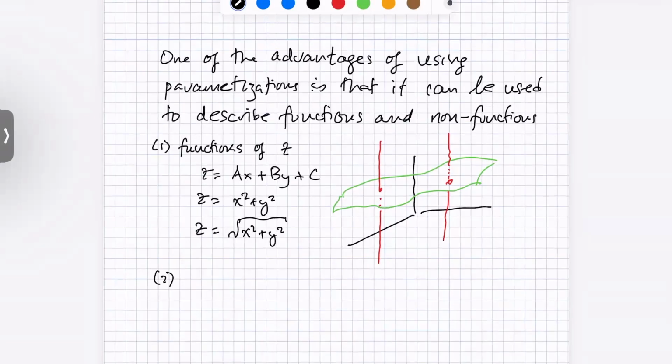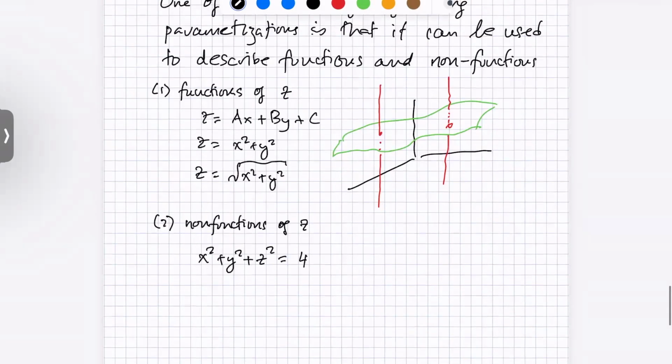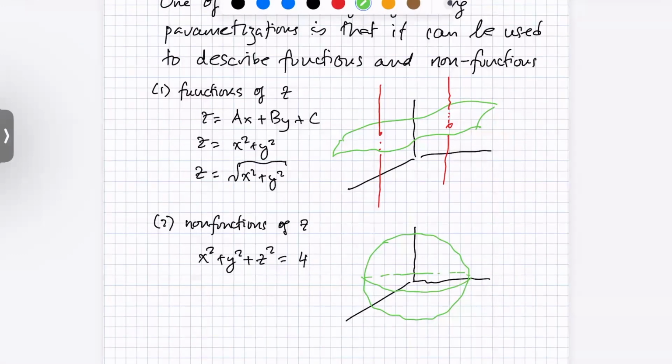But you can also have non-functions of z. So for example, if I have x squared plus y squared plus z squared equals 4, this is a sphere of radius 2. Now, the thing about a sphere of radius 2 is that it does not satisfy the vertical line test because a vertical line actually hits the sphere in two places.